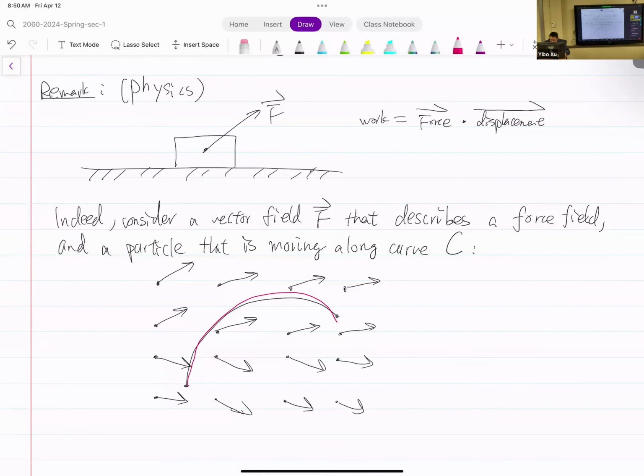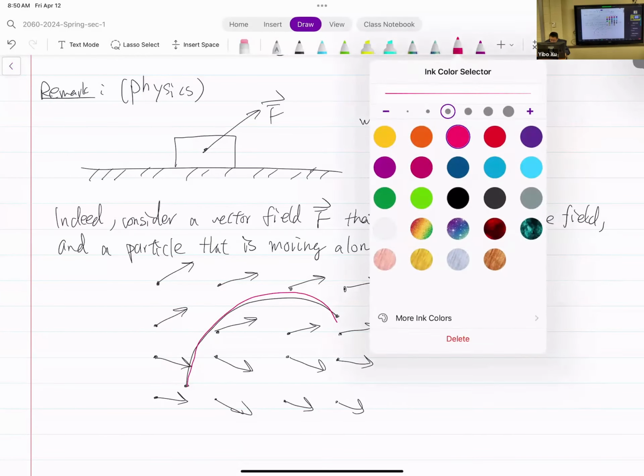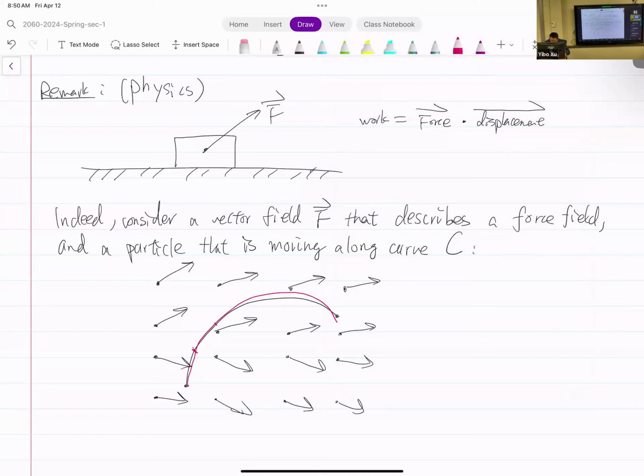The idea here is that you can break it into little segments, right? And at every tiny little segment, you have, let's say, the tangent direction like this. That's the unit tangent direction, which is T, okay? And at every location, this vector is the force field.